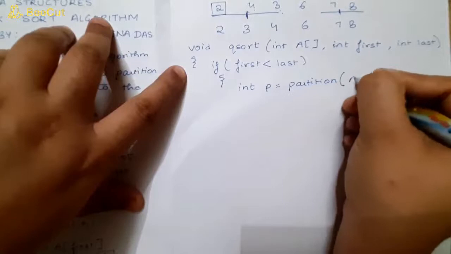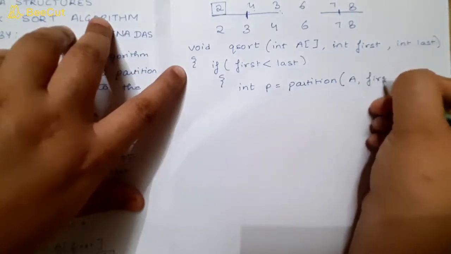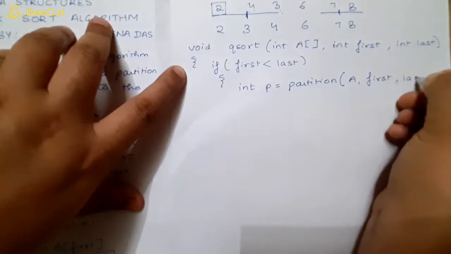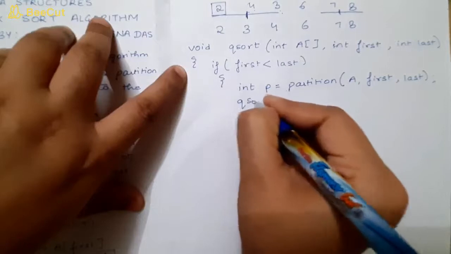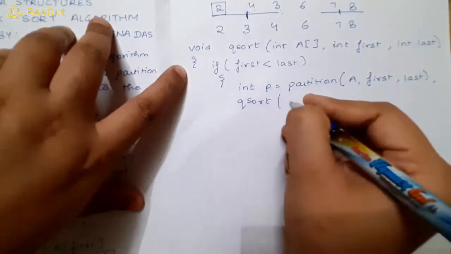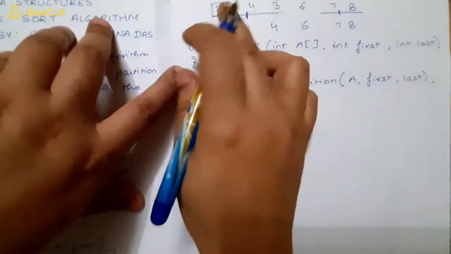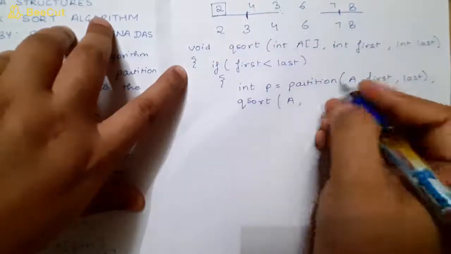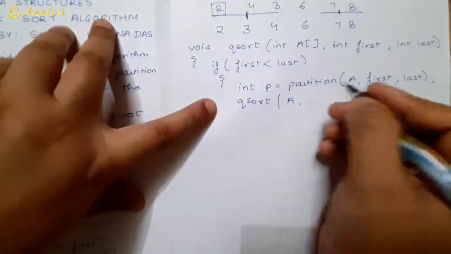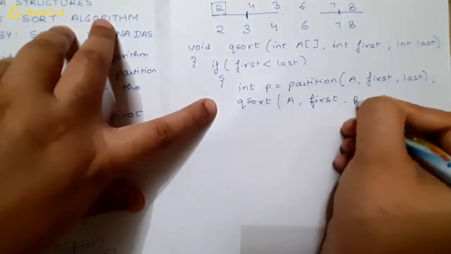So we have created a separate method for partition. Okay, and we are using recursion. As I said, once you perform partition, once you get two sub arrays, then you can use recursion and perform quick sorting on those sub arrays.